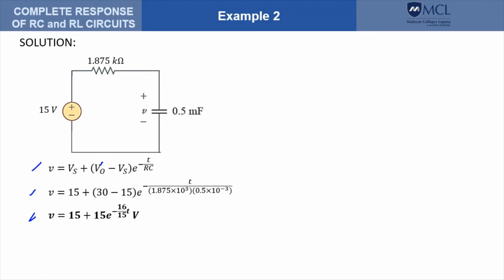And take note that this voltage is good for t between 0 and infinity, where again t equals 0 is the time when we transfer the switch back to A. Also note that I have computed the new steady state voltage of the capacitor, and that should give me 15. So by letting t equal infinity, I should be able to get the new steady state of the capacitor voltage.